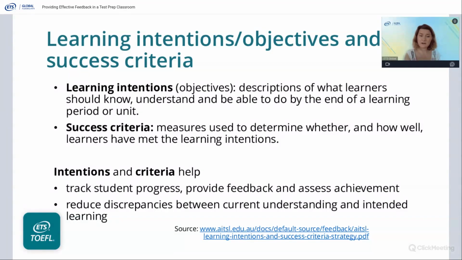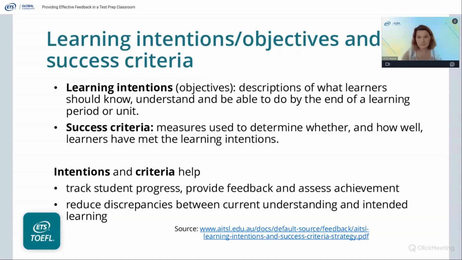So intentions and criteria help track students' progress, provide feedback and assess achievement, and also reduce discrepancies between current understanding and intended learning. Because what it specifically may need is to use correct grammatical structures. What do you mean by that?